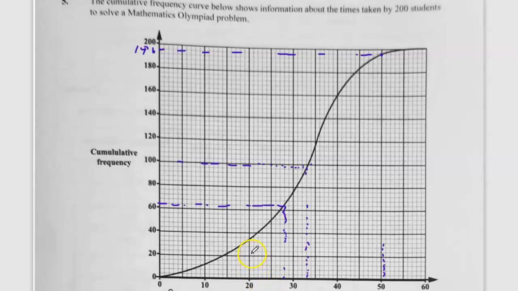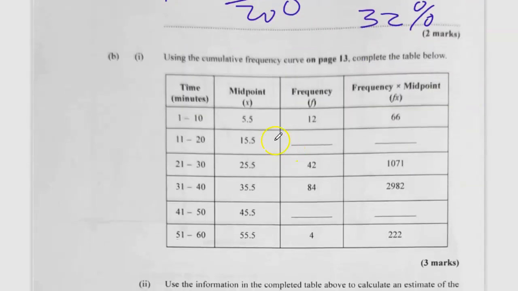Note each thin line on the vertical is 4, so 24, 28, 32, approximately 36. If you cumulate the frequencies, 36 for the second one, then this would have to be 24.